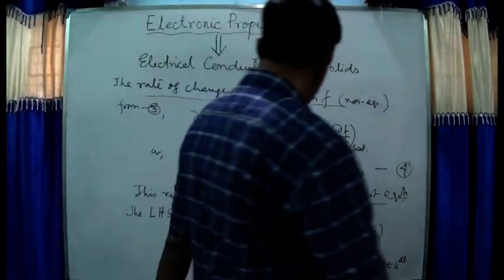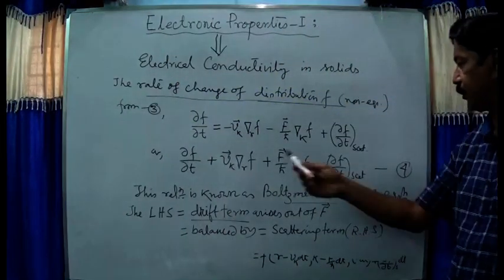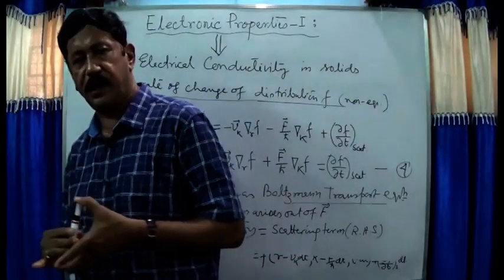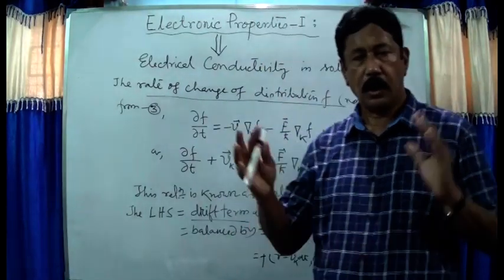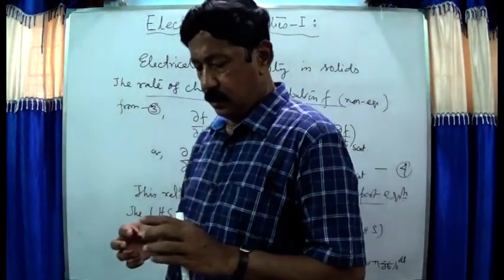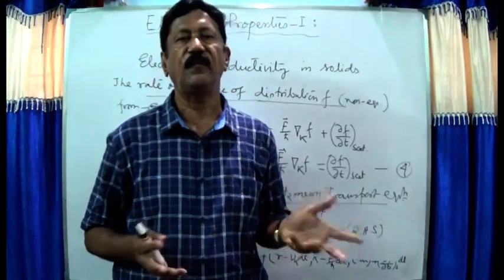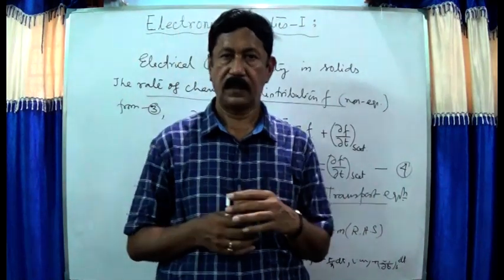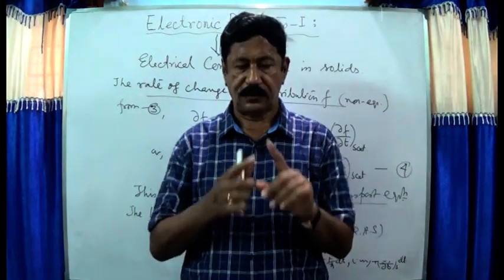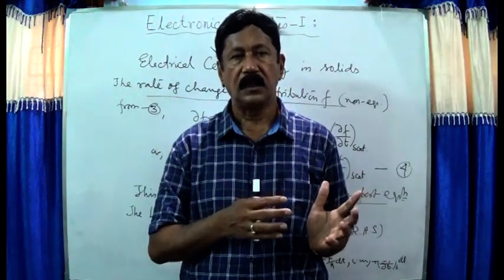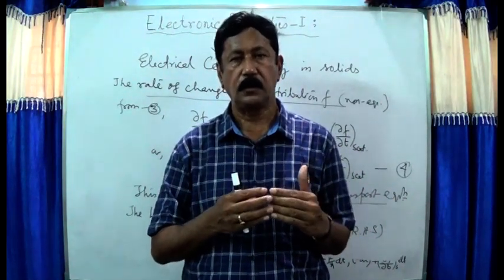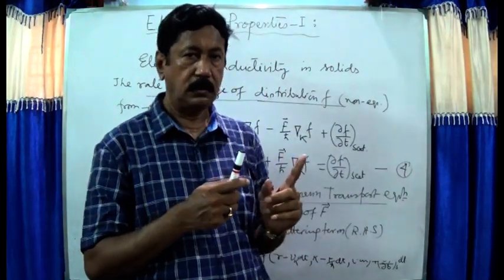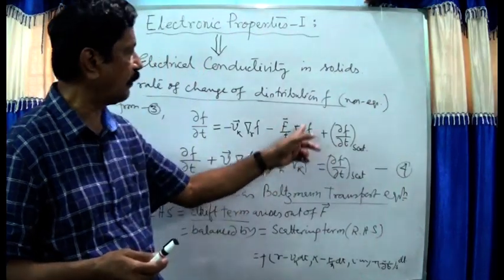So this is the physical implication of the equation, that whenever an external field is applied on a crystal lattice, the thermal equilibrium of the electrons will be disturbed. So the system will pass from a thermal equilibrium distribution to a non-equilibrium distribution. And we are talking about that non-equilibrium distribution function f.